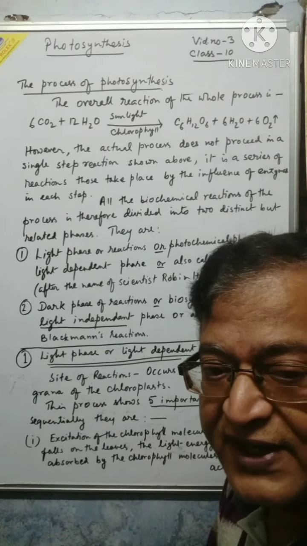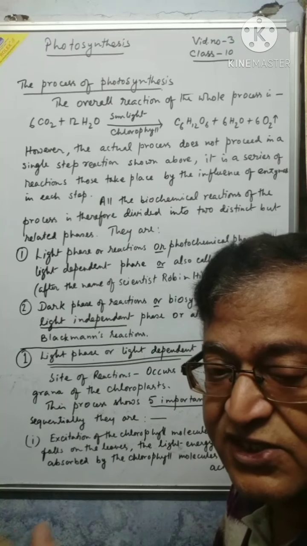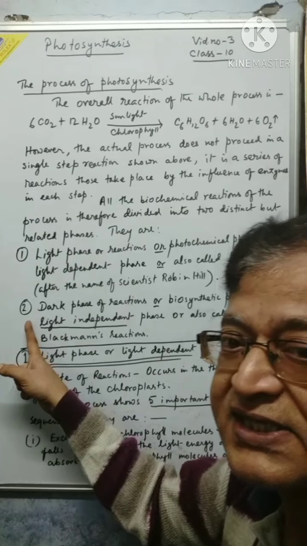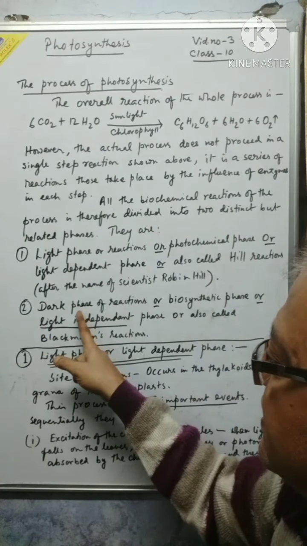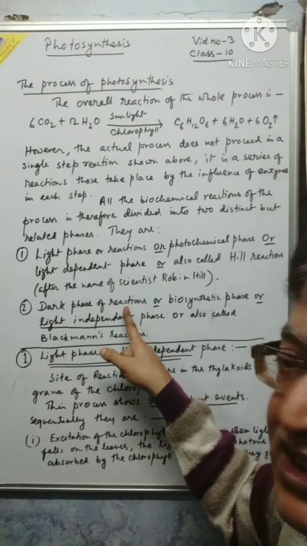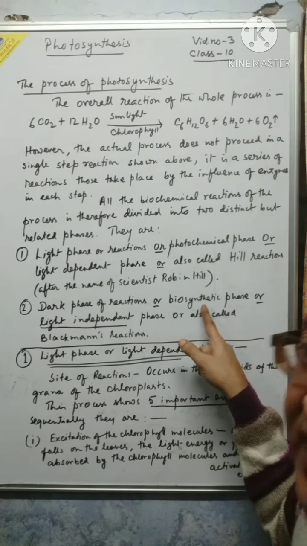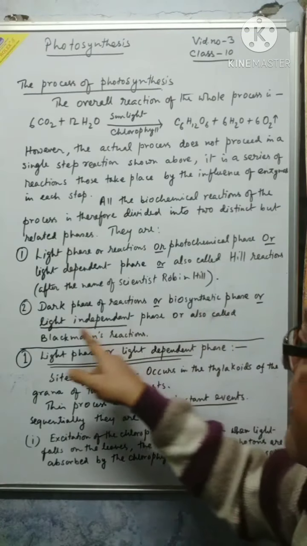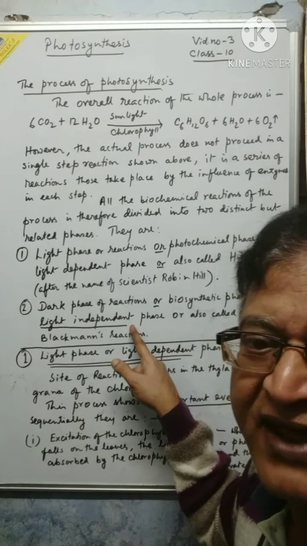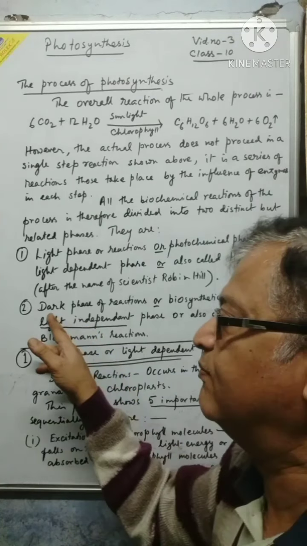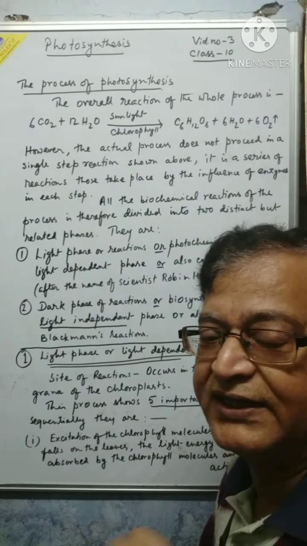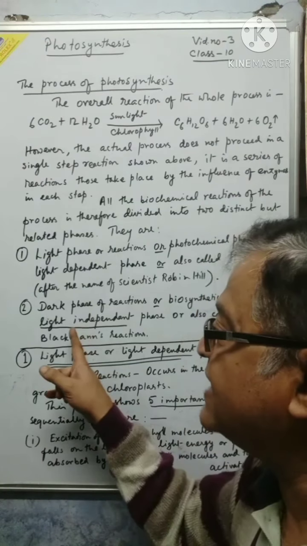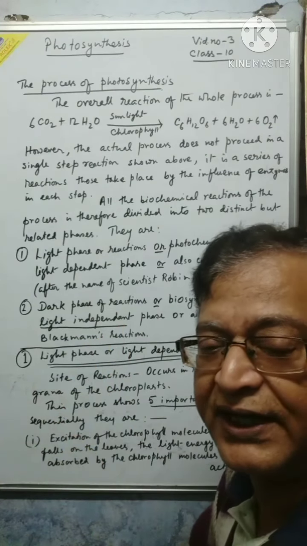So this is the first phase, where certain stages of reaction take place, followed by the second phase: dark reaction or dark phase, or biosynthetic phase, because in this phase glucose is produced, or light independent phase. In fact, dark phase is a misnomer. We call it dark phase, but it does not take place in dark. It is light independent, hence we call it dark.